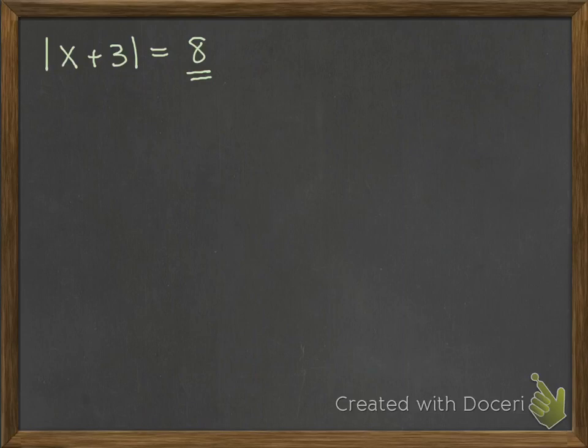So I actually have to split up my equation into two separate problems, because my x plus 3 value could equal positive 8, or my x plus 3 value could equal negative 8, because if I take the absolute value of negative 8, I will get positive 8.